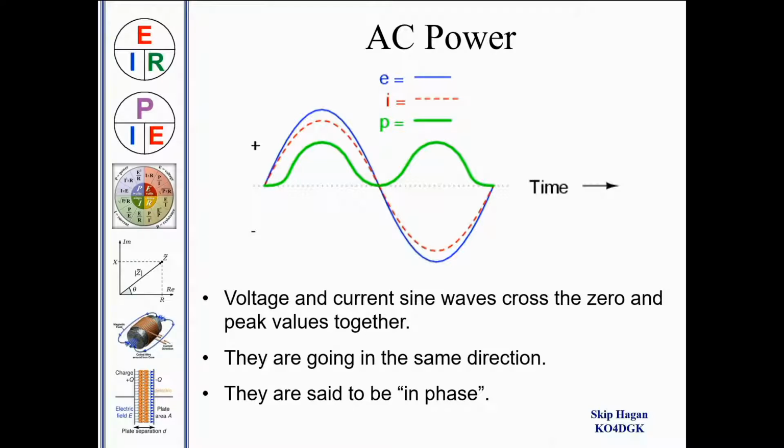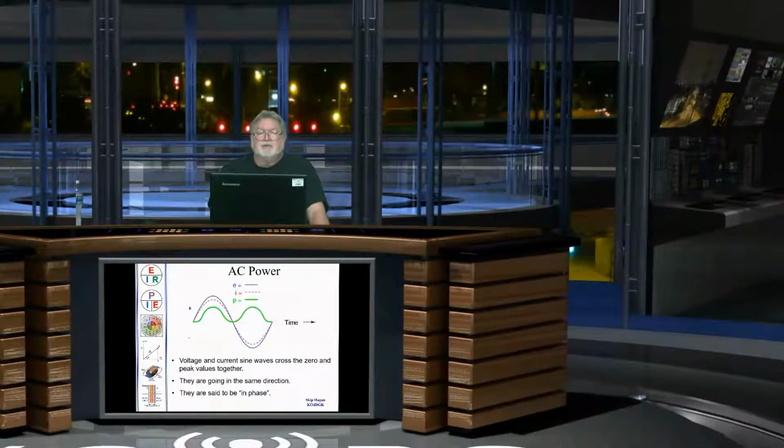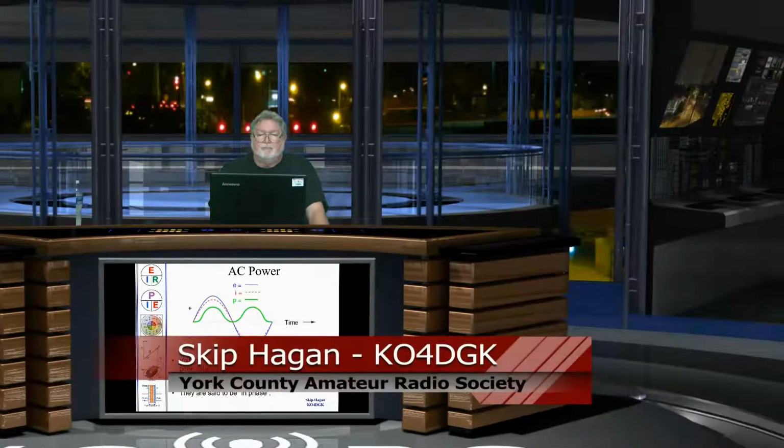Voltage and current are both moving in the same direction and pass through zero at the same time. This is said to be in phase. Voltage and current are in phase, and the power produced by this AC in phase system is always positive, because when you multiply a positive value by another positive value, the result is always a positive value. So we have a positive power wave there.